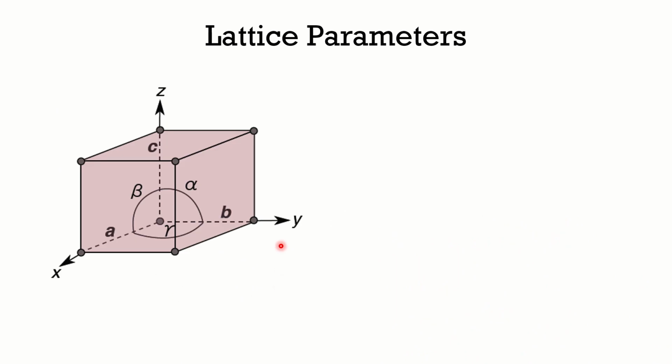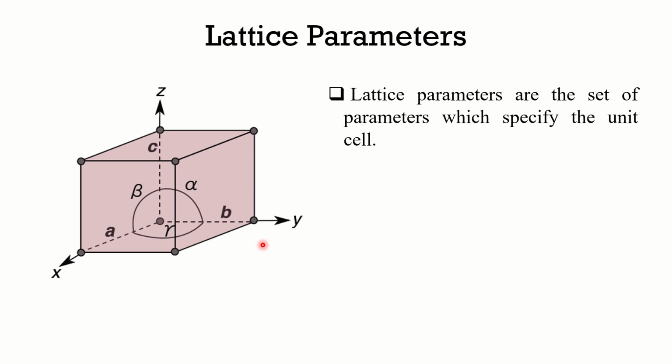Now let us consider what we mean by lattice parameters. Lattice parameters are the set of parameters which specify the unit cell. Suppose I have this unit cell. Till now I have explained that the unit cell can be represented by the vectors a1, a2. But if I have a three-dimensional space and I want to represent it, I need these three vectors a, b and c.